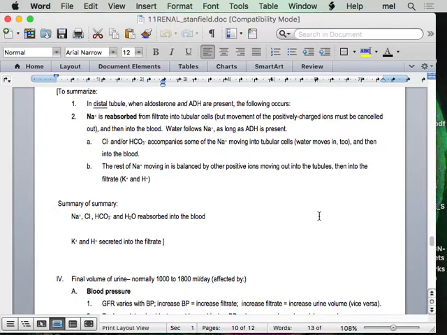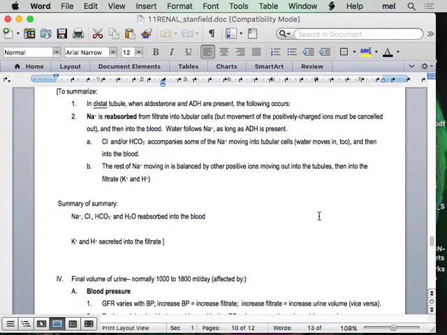Okay. And then what are you going to do in the DCT? Well, it depends on what hormones are present. In the DCT, let's assume that we have no ANP, but we do have aldosterone and ADH. And then what's going to happen in the distal convoluted tubule is sodium will be reabsorbed, and all of that positive will be followed with the negatives, chloride and HCO3 minus.